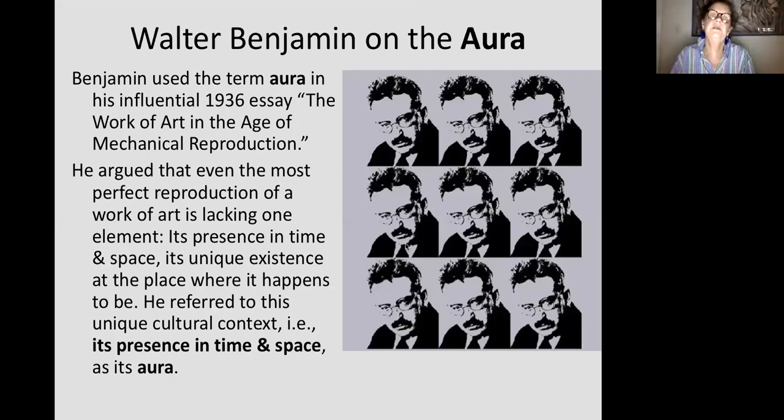And aura was introduced in critical theory by the German theorist Walter Benjamin in his fundamentally important essay called The Work of Art in the Age of Mechanical Reproduction. And what Benjamin tells us is that we are more and more experiencing life, the world, other people indirectly through representations or reproductions of them.